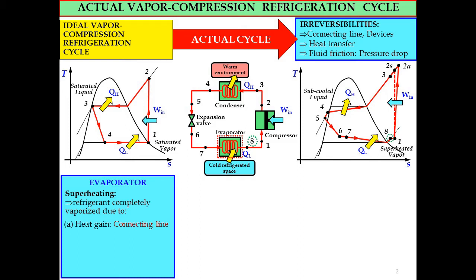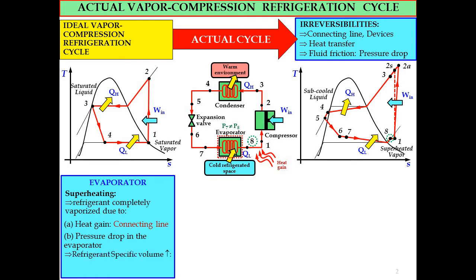The reason is that we have heat gain at the connecting line between the evaporator and the compressor, and also pressure drop in the evaporator, where the heat absorption process is no longer at constant pressure, so P7 is not equal to P8.